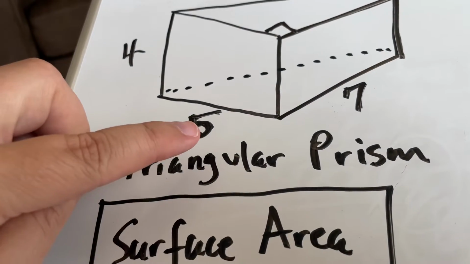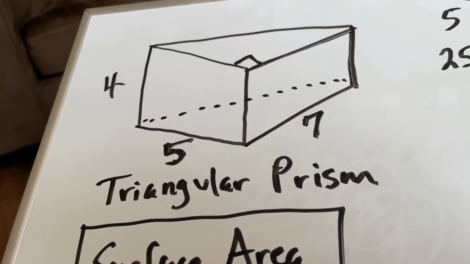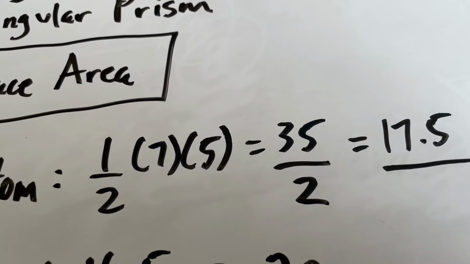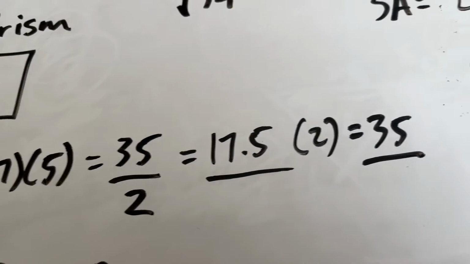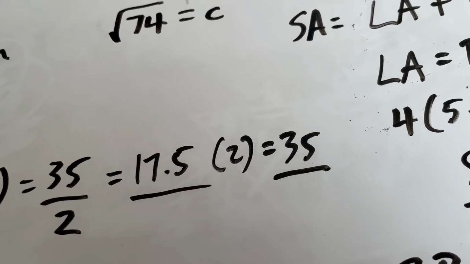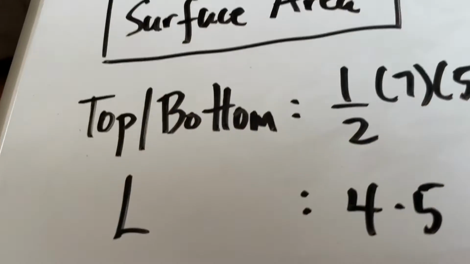The base is 5, the height is 7, so 1/2 times 7 times 5 is 35 over 2, which is 17 and a half. I'm going to multiply that by 2 and call it 35, because that gives me the area of the top and the bottom.